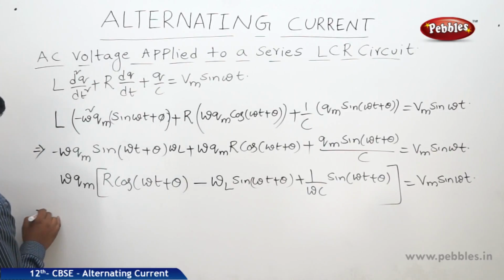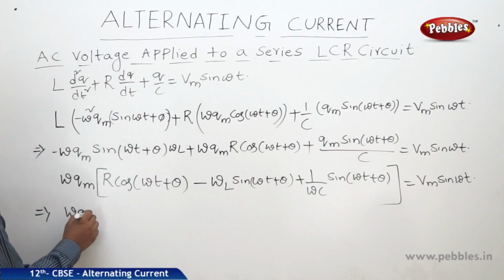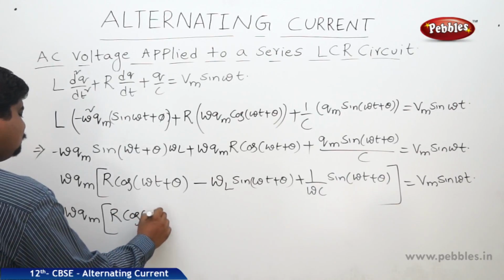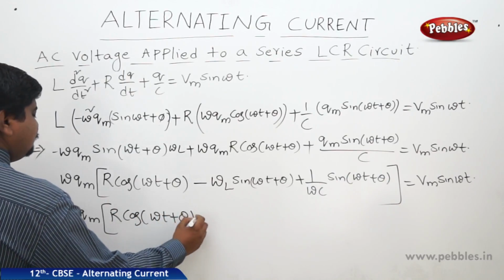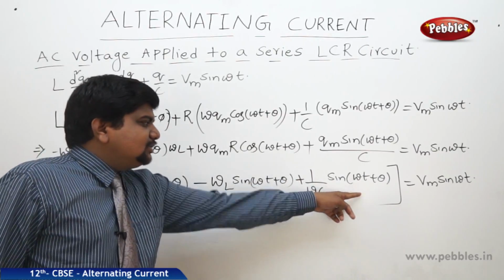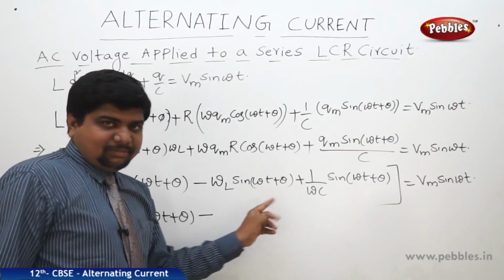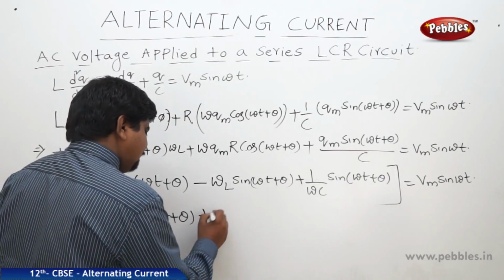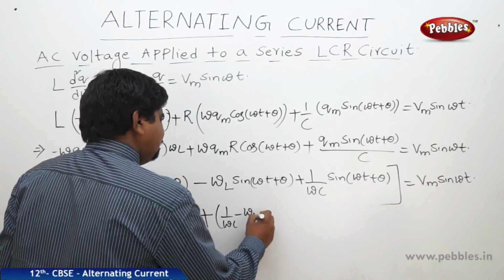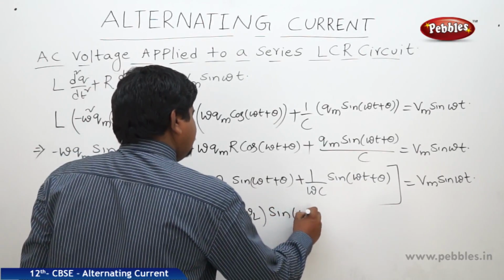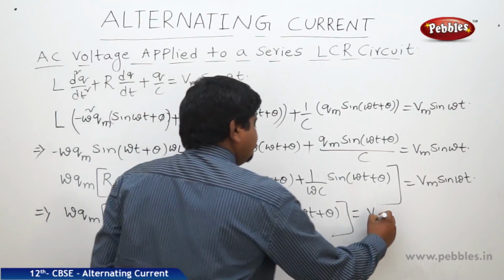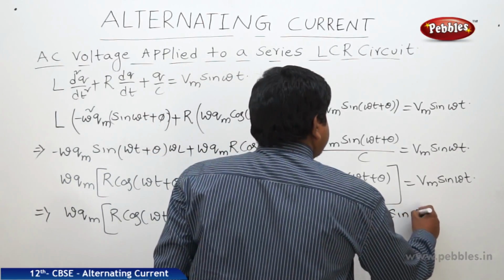Therefore, the equation turns like this: omega qm into R cos(omega t plus theta) plus 1 by omega C. Here also sin(omega t plus theta) is common. So therefore, we can write plus 1 by omega C minus omega L into sin(omega t plus theta) is equal to Vm sin omega t.